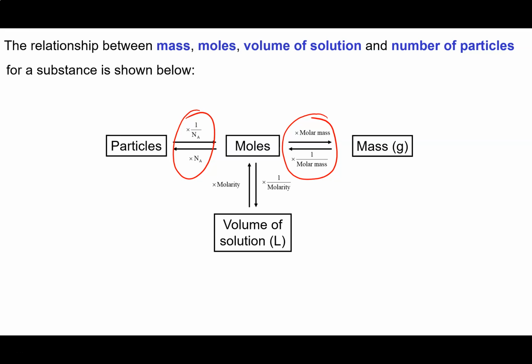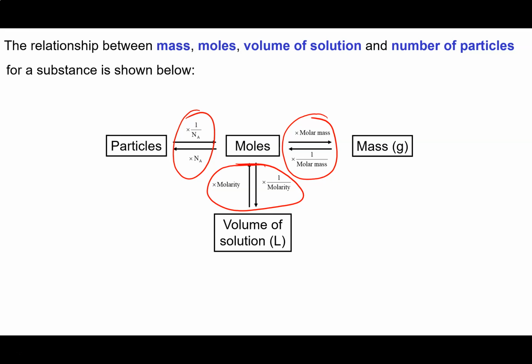More recently, we've learned that we can relate the moles of a substance and its volume in a solution via the molarity. So Avogadro's number, molar mass, and molarity are our key quantities for converting into and out of the moles of a substance. This is all for a single substance.